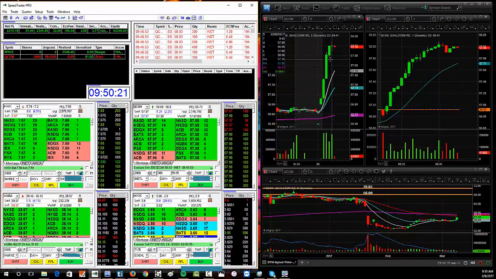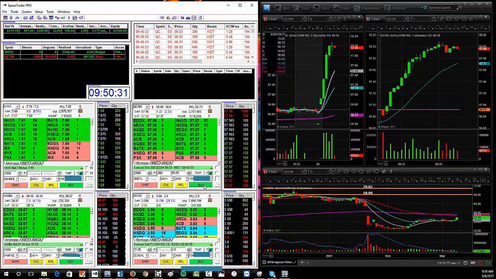The low of the last 5 minute candle is 57.90. So we need the first 5 minute candle to make a new low.